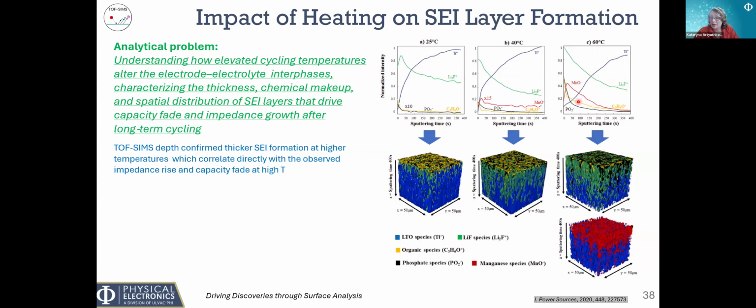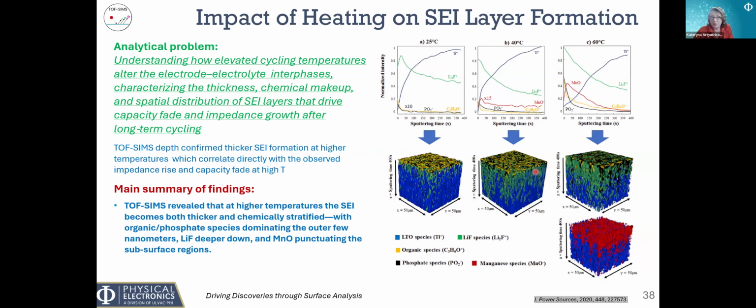And looking at the two-dimensional distribution, we can see that we have a thick SEI formation at high temperature, which correlates directly with the increase in impedance and capacity fade at the highest temperatures. So this thicker SEI and this stratification is clearly visualized by TOF-SIMS and pinpoints the reason for the lower performance of the battery at higher temperatures.